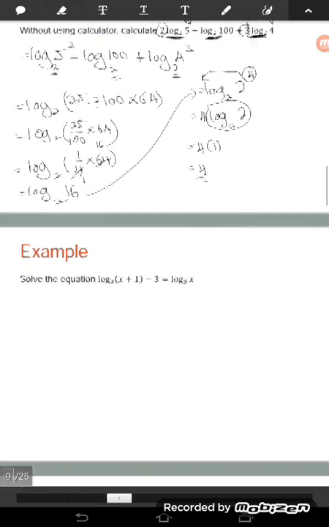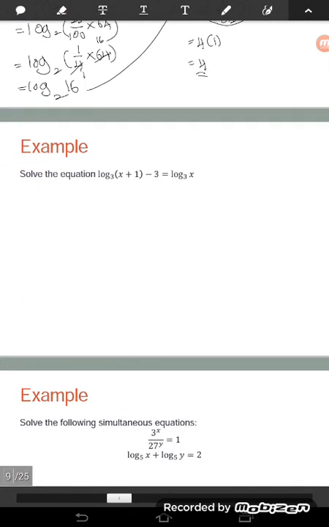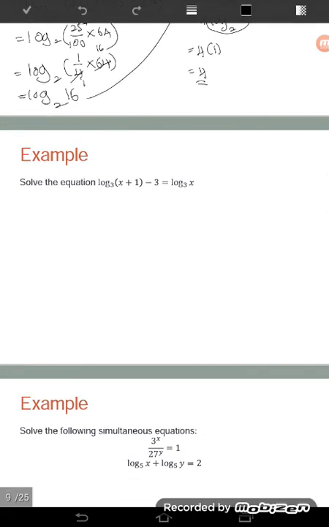Okay, so next another example. Solve the equation of this one. So in order to solve this equation, we have 1 log and here another log, so you need to combine the 2 logs into a single log.